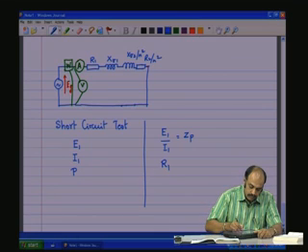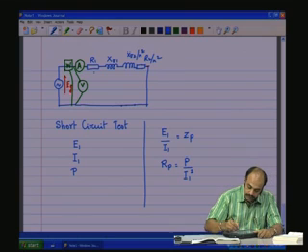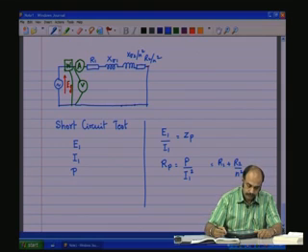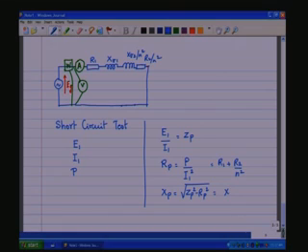Now, RP is obtained from the power that is measured under short circuit condition divided by I1 square, because I1 square into R will be the power, and RP is R1 plus R2 by N square, and XP, the primary side reactance, is given by root of ZP square minus RP square, which is X sigma 1 plus X sigma 2 by N square.